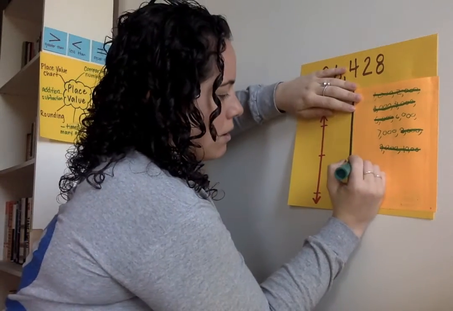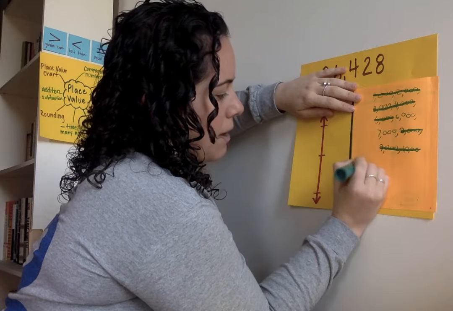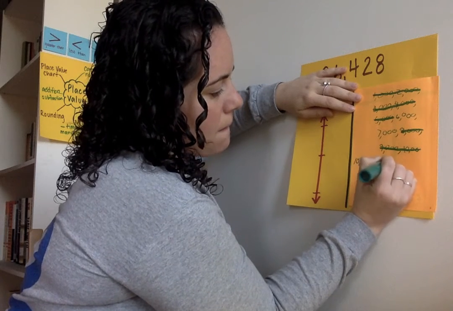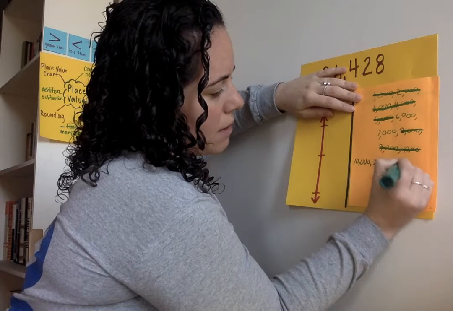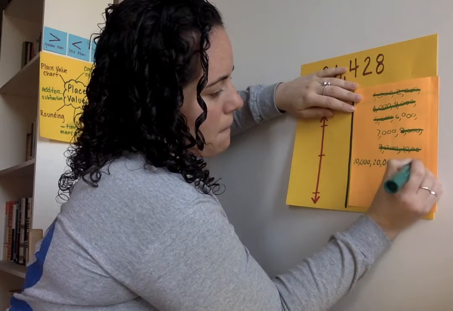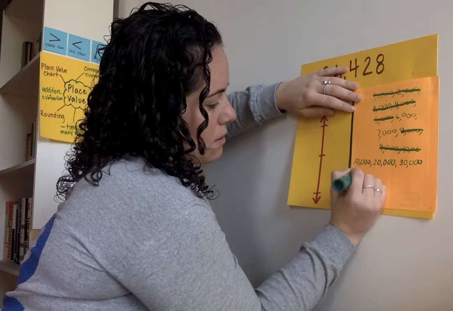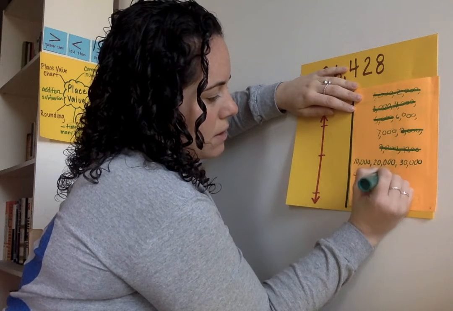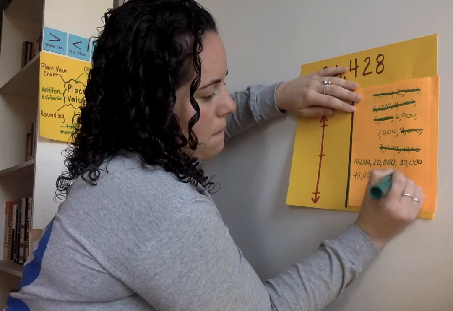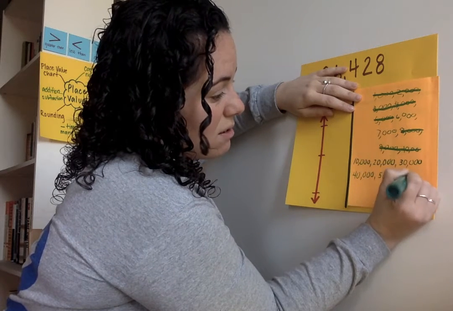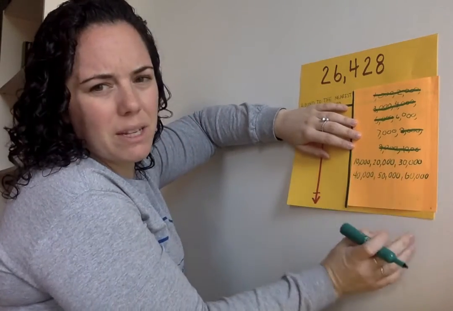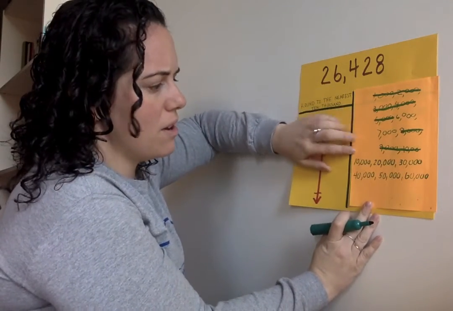Here we go. 10,000, 20,000, 30,000, 40,000, 50,000, 60,000. I'm going to stop there just because I don't think I need to go any farther.